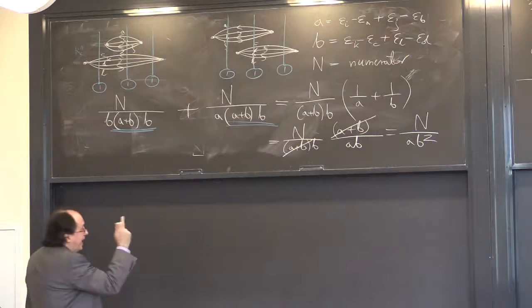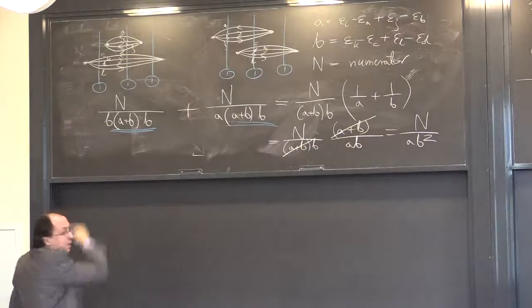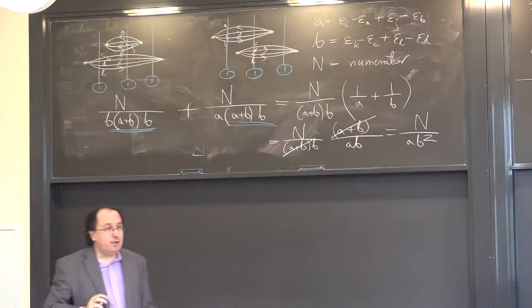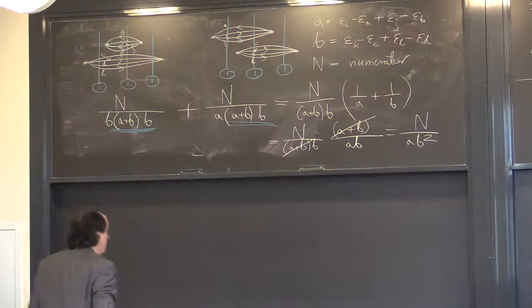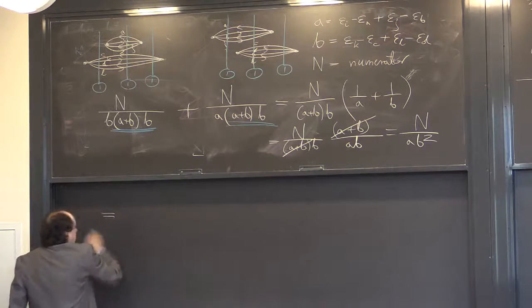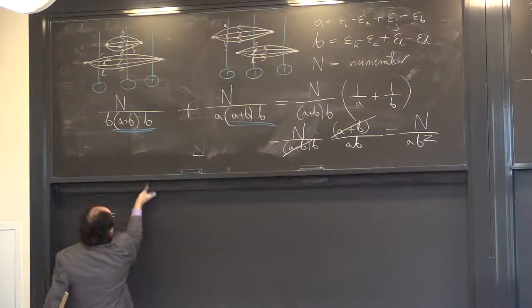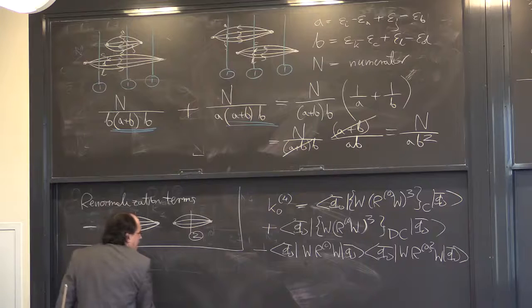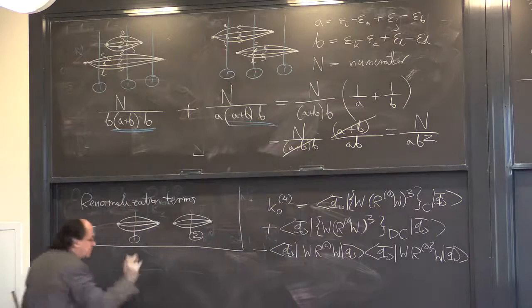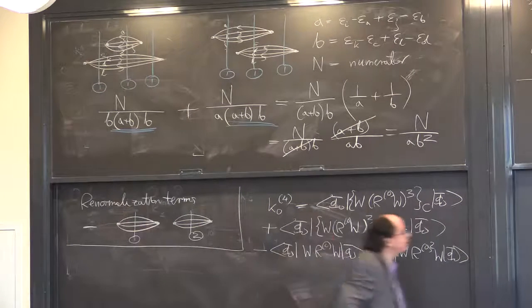Remember, A means the denominator of the top piece, B means the denominator of the bottom piece. The numerator is just the product of matrix elements. Maybe I'll leave this one for the future.